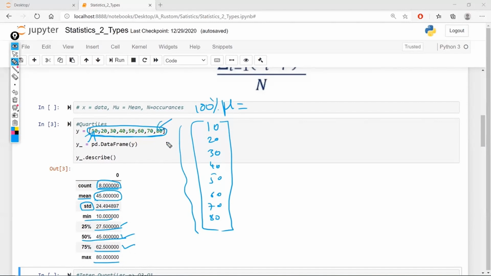Yes, this is the maximum number. Here I'm going to call this the first quartile, this the second quartile, and this the third quartile. So this is how I will be able to interpret, and all these stats I will be able to get with the help of the dot describe method.